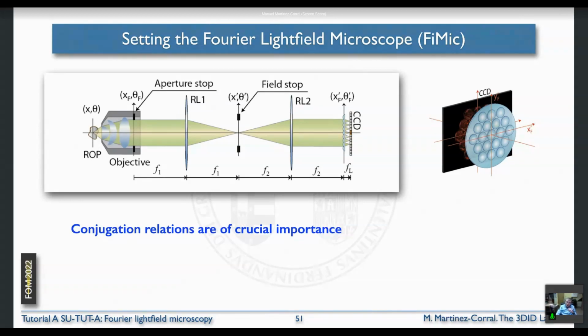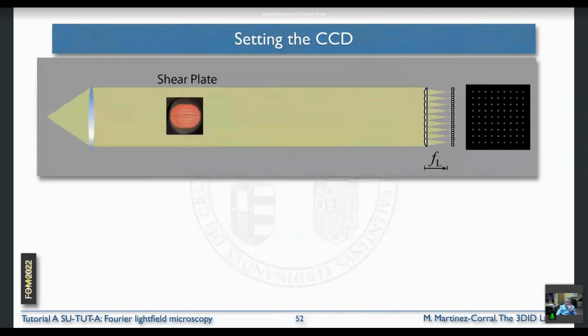So how do we implement a Fourier Lightfield microscope in our lab, if you want to make one? Okay, so let us assume that you know how to put all your elements vertical, perpendicular to the optical axis.